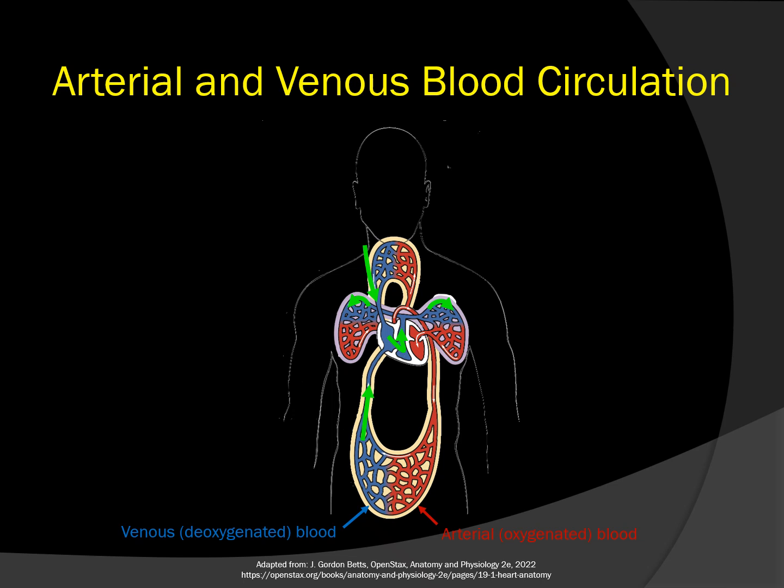Note that the pulmonary arteries are the only arteries in the human body that contain venous blood, and that the pulmonary veins are the only veins in the body that contain arterial blood. That's because the lung is the only organ in the human body that adds more oxygen than it removes, given its primary function to support human gas exchange.